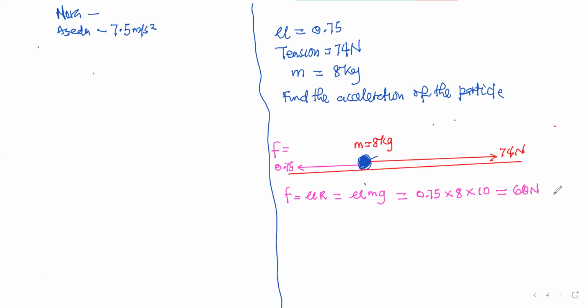Once the body accelerates, then total forces due east must not be equal to total forces due west. The difference would give us the resultant force. So the applied force, which is causing the acceleration of the body, is equal to the difference between the two forces.